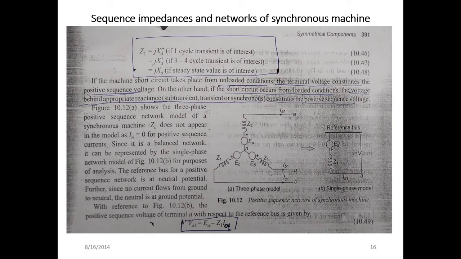Here the neutral impedance Zn does not appear in this model because In is equal to 0 for positive sequence current. Since it is a balanced network, it can also be represented by the single phase system. If we consider the three phase model, the EMFs for all the phases are shown in series with the positive sequence impedance Z1, with phases Ea, Eb and Ec respectively.